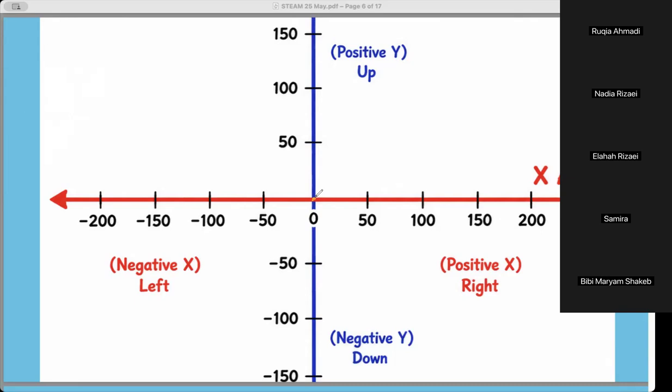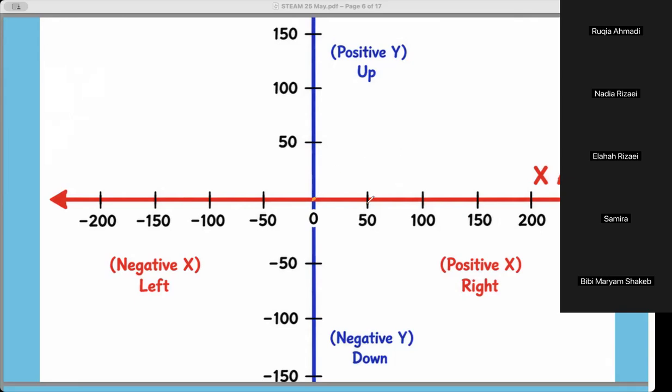Every position you can express with an x value and a y value, which tells the sprite to move left to right, or up or down. For example, with an x coordinate of 100, the sprite moves 100 steps to the right. Okay, 100 steps to the right.